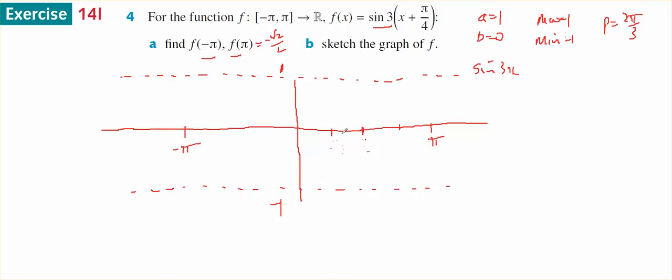So if this is 1/3, that's where 2/3 will be. And I have one complete cycle in 2 pi on 3, and that's 2 pi on 3. If that's pi on 3, that there will be pi on 6, 1 pi on 6, 2 pi on 6, 3 pi on 6 is pi on 2, and 2 pi is there.